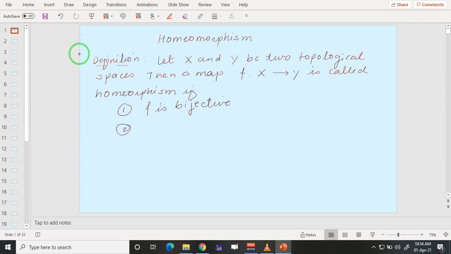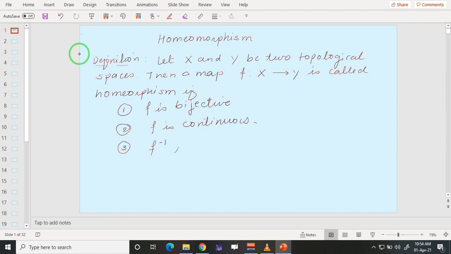Second point says f is continuous. So again you need to check the continuity of the function. And third point says not only f is continuous but f inverse exists, because the first point itself says f is bijective. So if f is bijective, there exists an inverse of it.